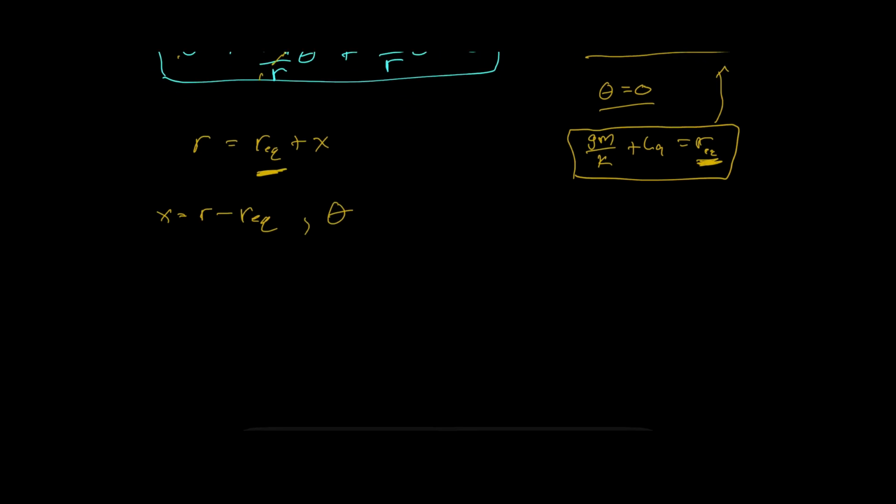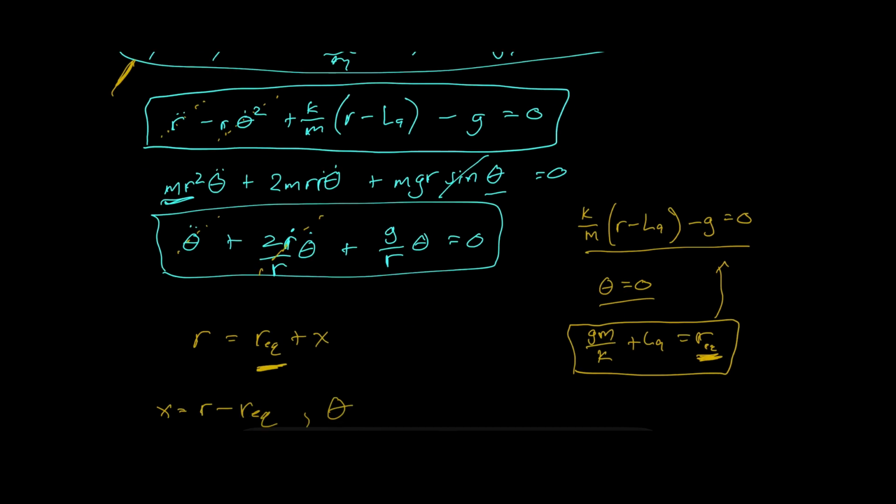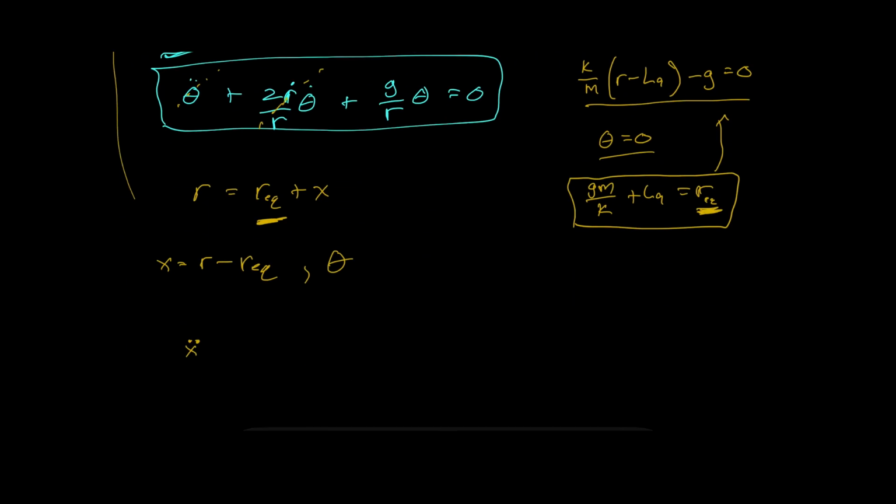So our x, we're going to have x double dot, and we're going to substitute into our original equation up here. That's going to turn out x double dot minus (r equilibrium plus x) theta dot squared plus k over m (r equilibrium plus x minus LA) minus g equals 0. Okay?